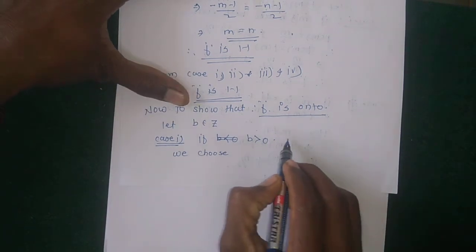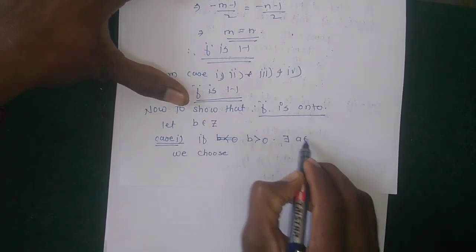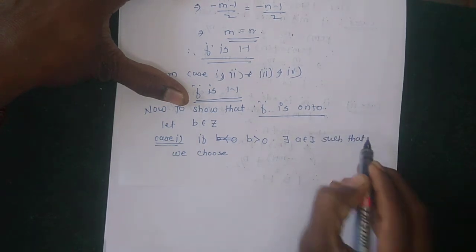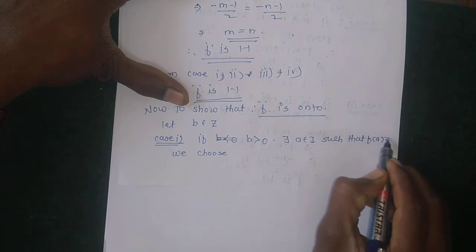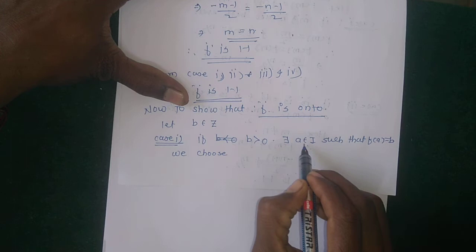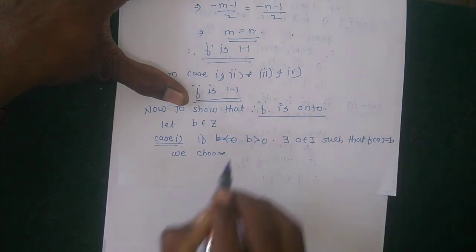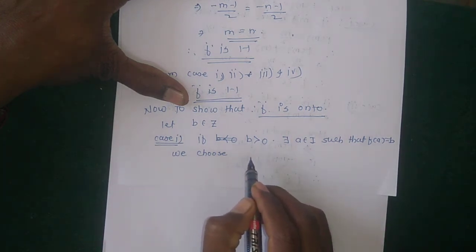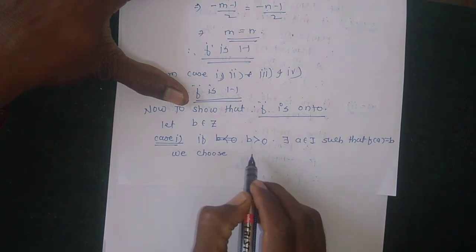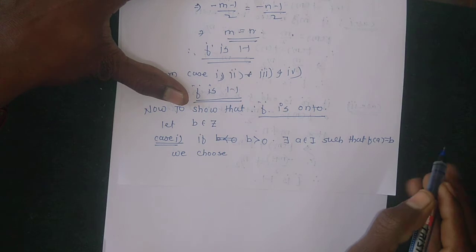If b is a positive integer, then there exists a belonging to I such that f of a is equal to b.